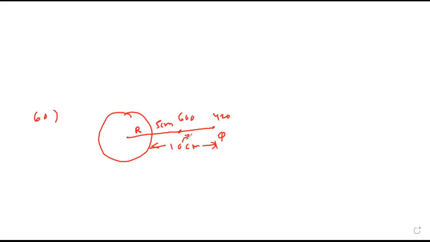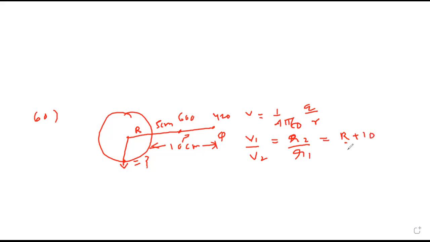The potential on the surface of the sphere is how much? We know potential is given by 1 upon 4 pi epsilon, charge upon distance from the center. So the first potential upon the second potential is the second distance upon the first distance, which is r plus 10 upon r plus 5.